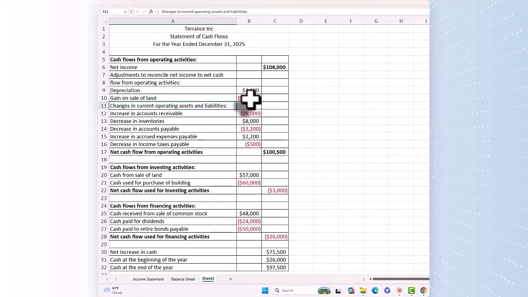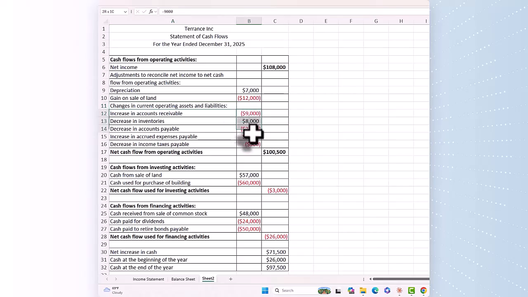So here's what we're doing here. We are recording those changes. We had an increase in accounts receivable. An increase in accounts receivable means that you don't have that cash. So our accounts receivable increased by $9,000. We didn't get that cash yet, so we need to be subtracting that back off.